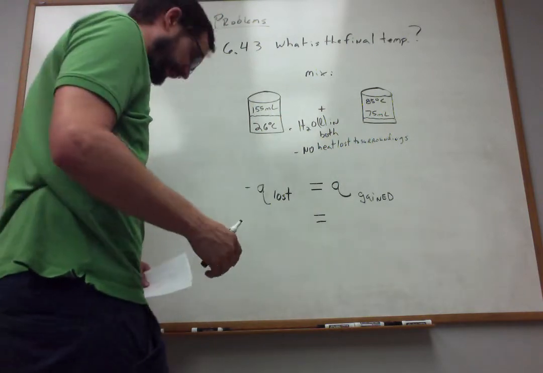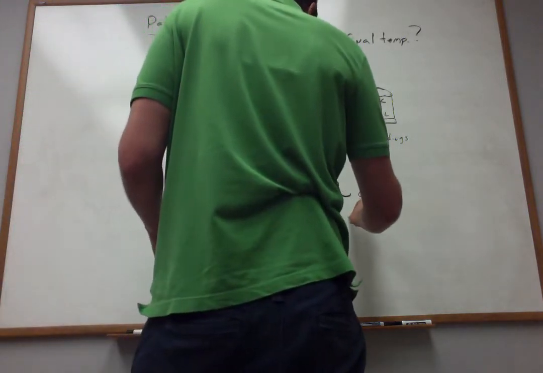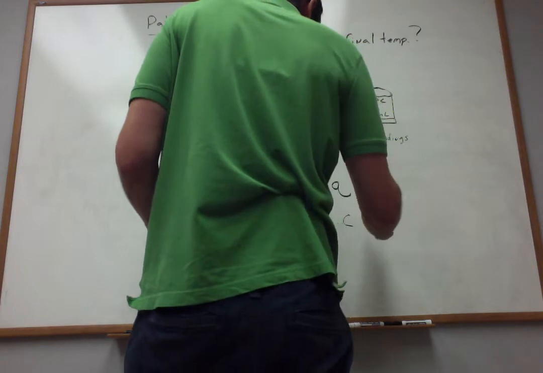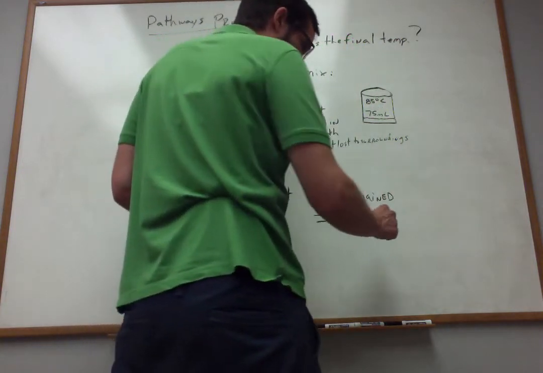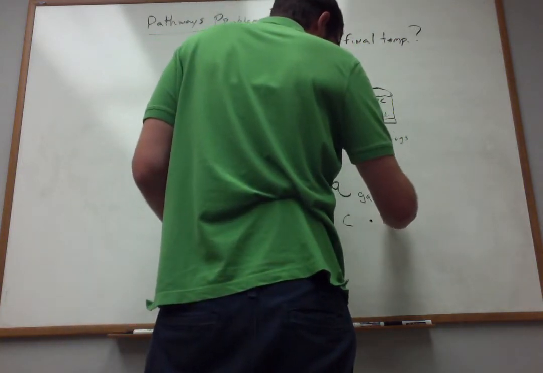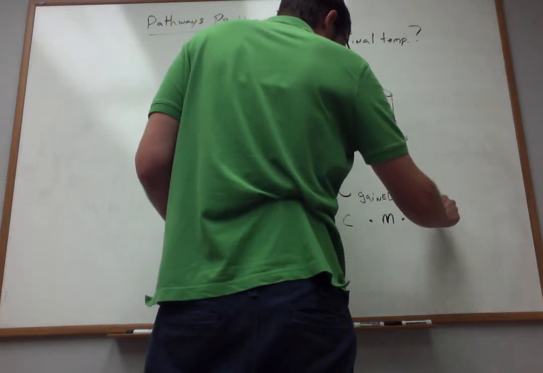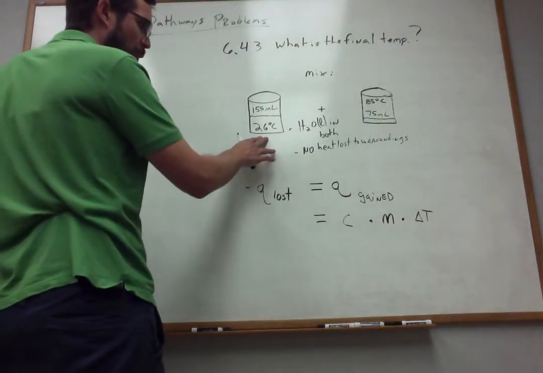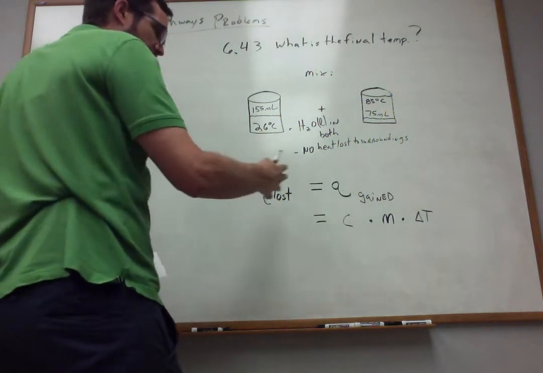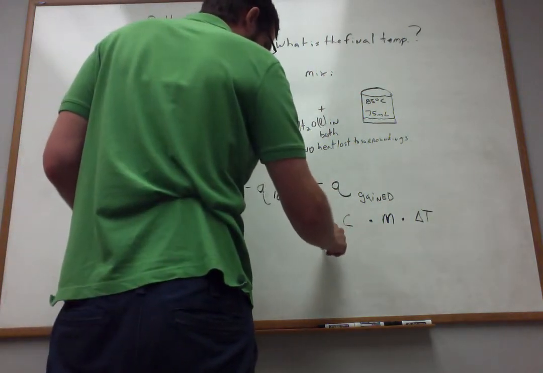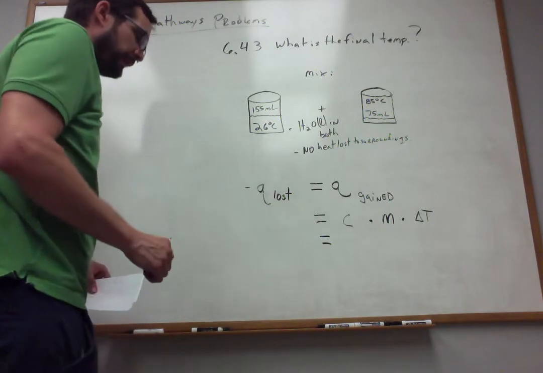I think I can. All I need to do that is my heat capacity C. I multiply that by my mass, M, and then my delta T for that water sample. Now, do I know these variables? I think I do, to a certain extent.